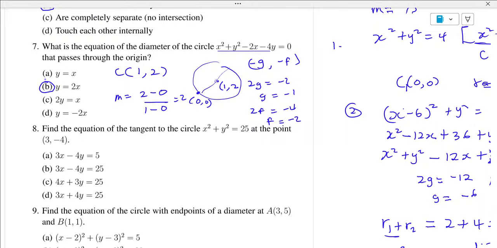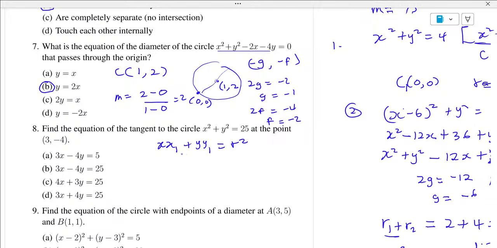Now question 8 says find the equation of the tangent to the circle x squared plus y squared equal to 25 at the point (3, negative 4). The equation of the tangent to the circle at a specific point on the circle is given by a formula: x x1 plus y y1 equal to r squared. It's just the formula.